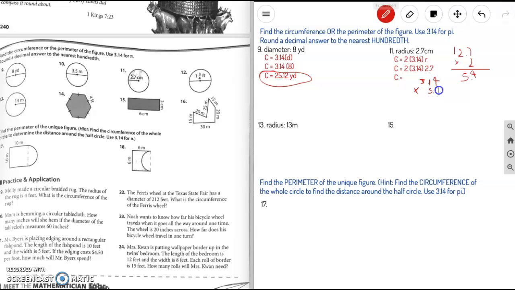So remember, when we're multiplying, you do not line up the decimal points. Okay. So many numbers.